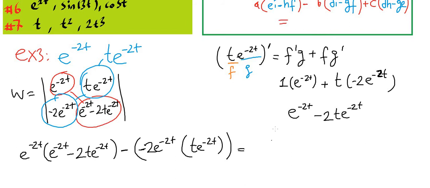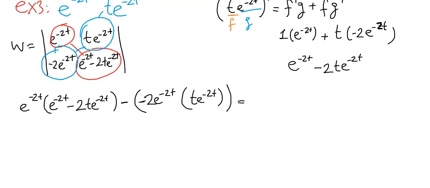And if you carefully multiply out, you're going to obtain e to the negative 4t, we combine the powers, minus 2t e to the negative 4t.